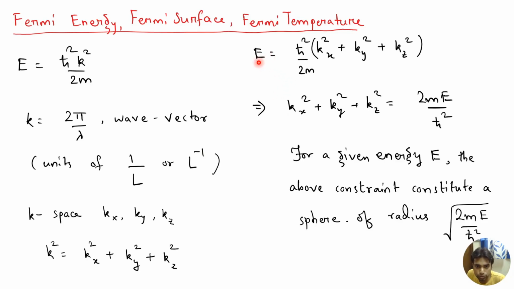If you look at this in k space, keeping E on the left hand side and taking the rest to the right hand side, kx square plus ky square plus kz square equals 2mE over h bar square. So for a given energy, this constant says that it is a sphere of radius square root of 2mE over h bar square.